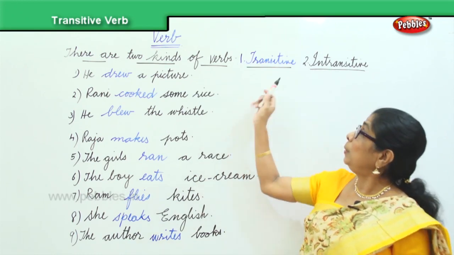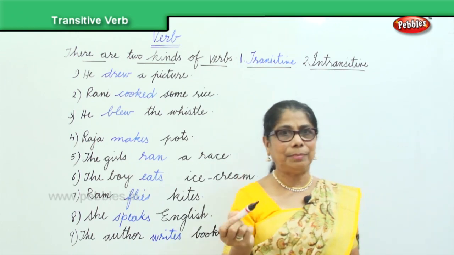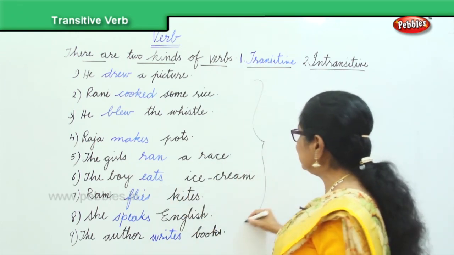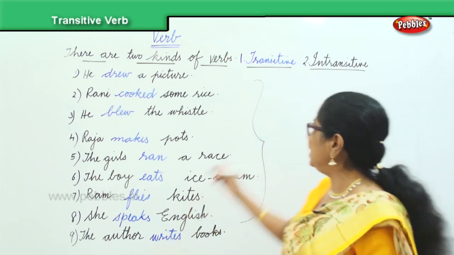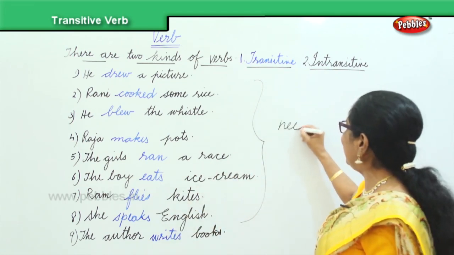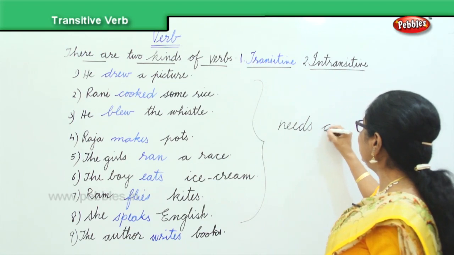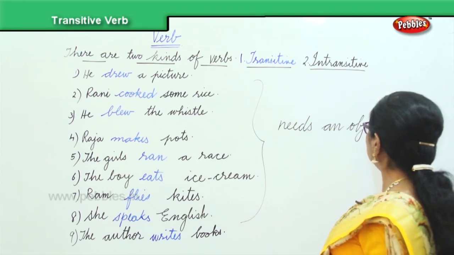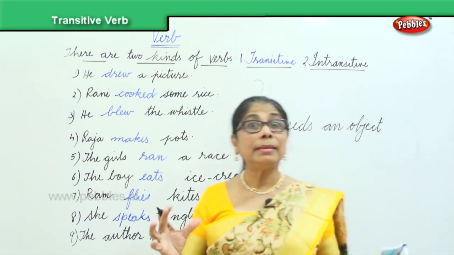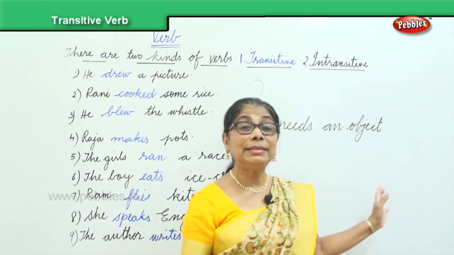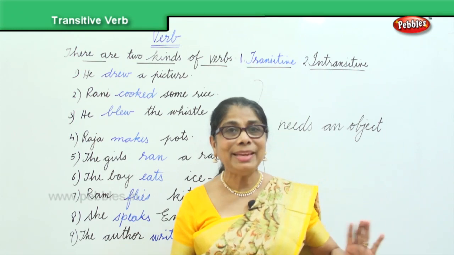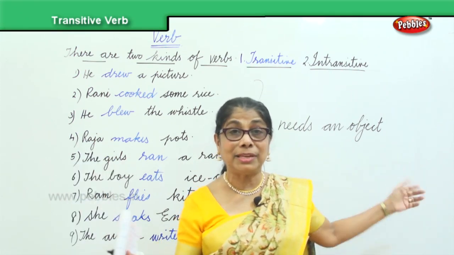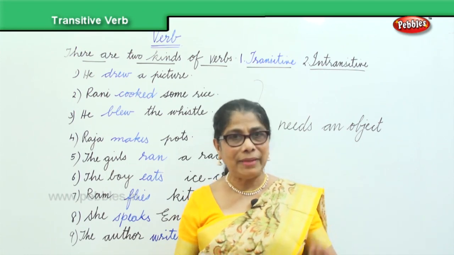Now, what did we learn? The transitive verb. All these are transitive verbs. What does it need? It needs an object. Let us remember the transitive verb needs an object to complete the action. The subject needs an object. If you can remember this, it's very easy.